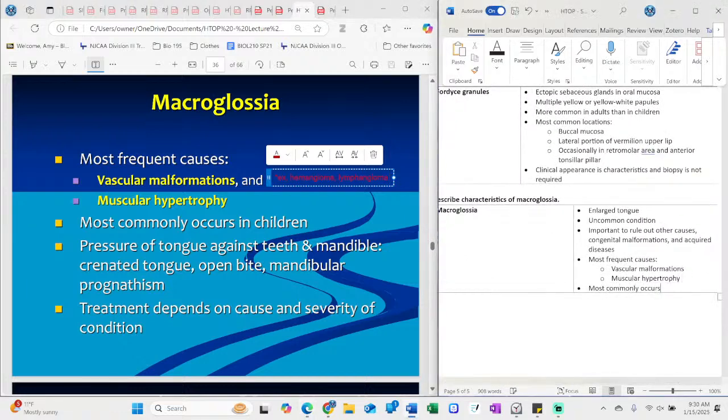Muscular hypertrophy, so when can the tongue muscle become hypertrophic? So think of an adult patient who's edentulous, what happens to the tongue if they don't get any dentures?